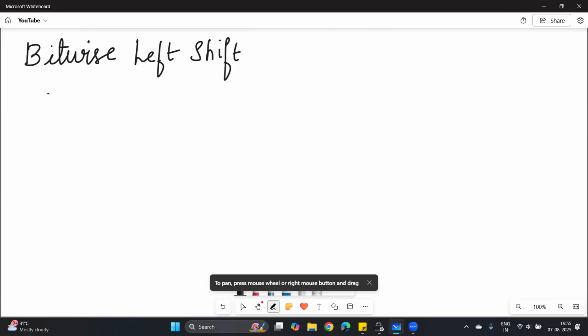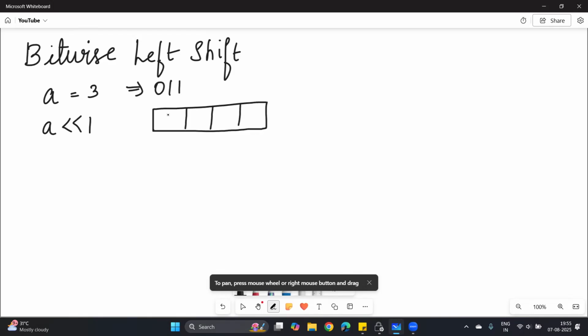And now let us look at bitwise left shift. In right shift, we shifted the bits to the right, and in left shift, we'll be shifting the bits to the left. So for example, I'm taking a number a as 3, and the binary value of this will be 0 1 1. And this I have to shift by one place. Currently I'm having it as 0 0 1 1.